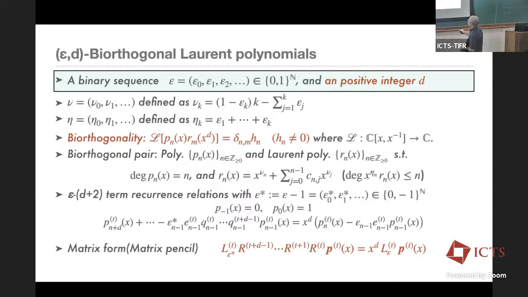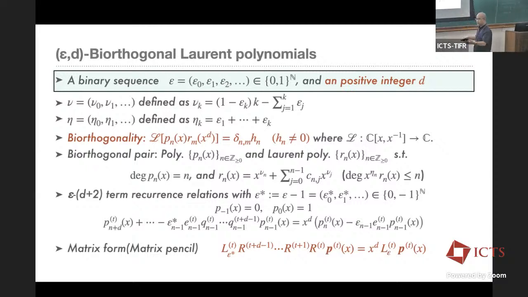So here we can introduce the biorthogonality. Usually, the previous epsilon biorthogonal Laurent case is just monomials, P_n(x) and R_m(x). But this so-called D-orthogonality is something we know appears in the standard orthogonal polynomial system.